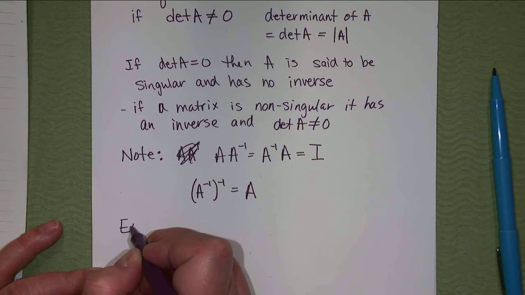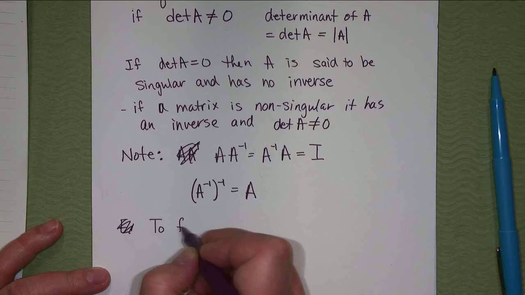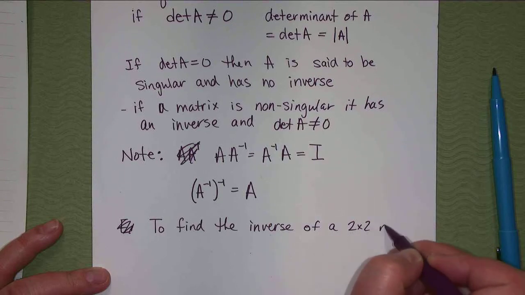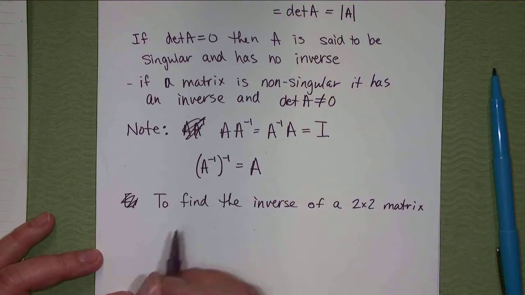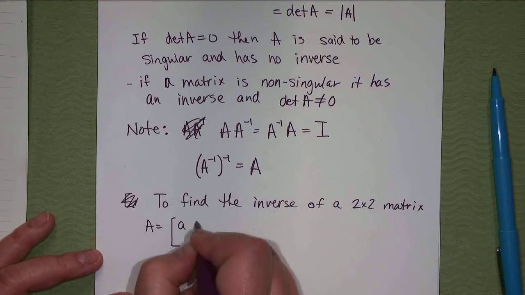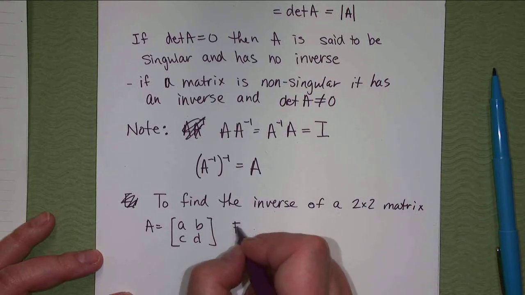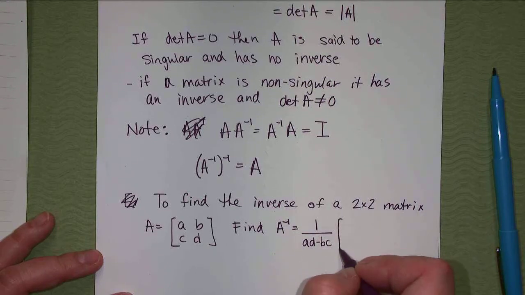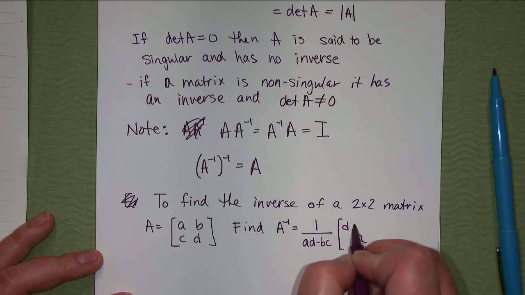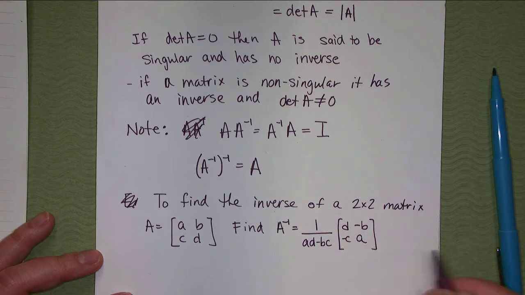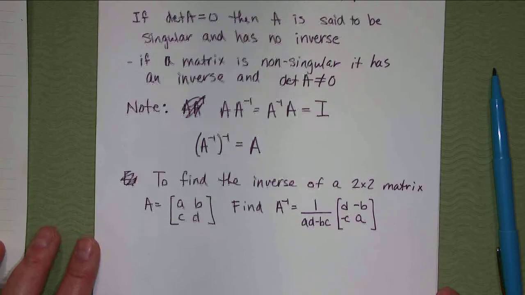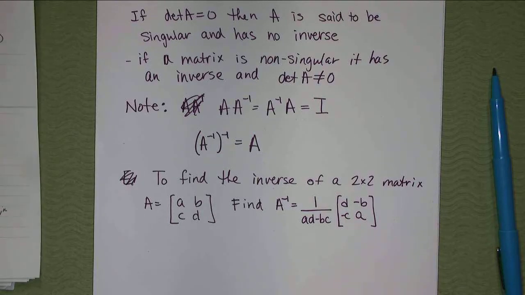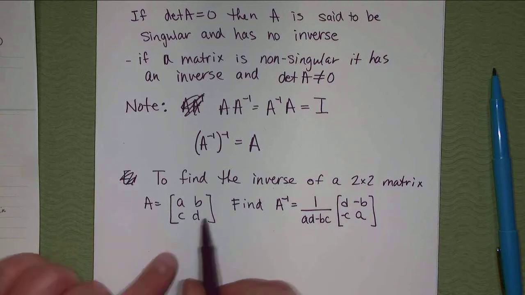Okay, so to find the inverse of a 2 by 2 matrix, what did I do to matrix A?